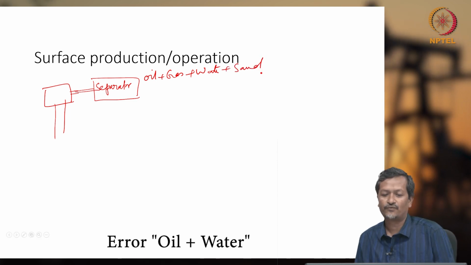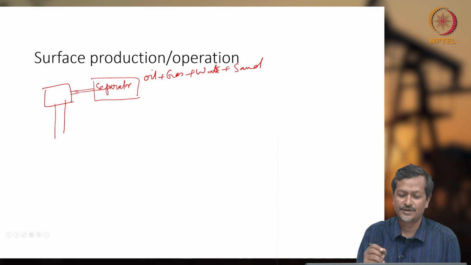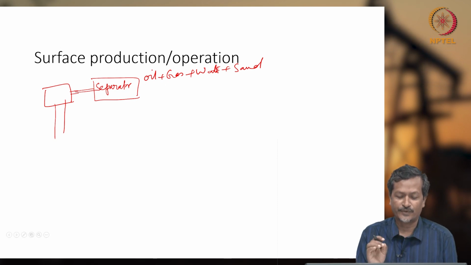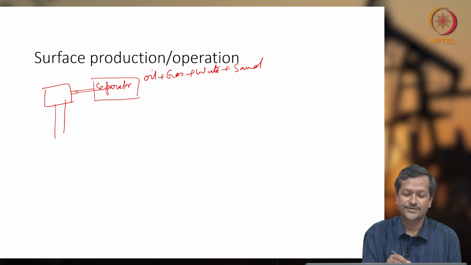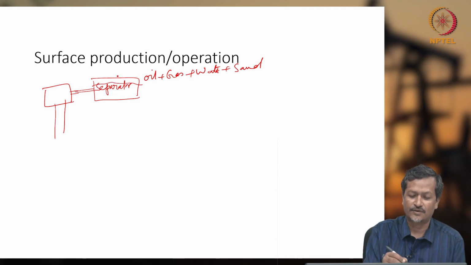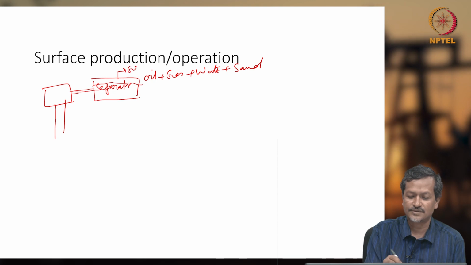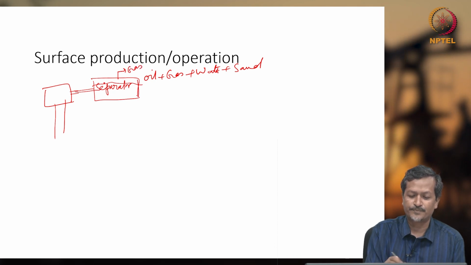So all these four phases will be mixture when it is coming from the wellbore. Now in separator, in first stage separator, normally it will be two-phase separator. First remove the free gas or any dissolved gas is there. So gas, and it is one pressure vessel actually.